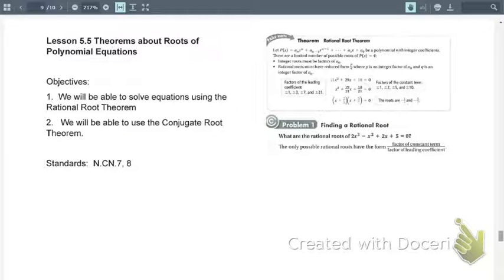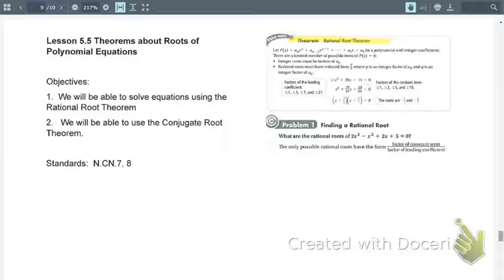Alright, lesson 5.5, we're going to be talking about the rational root theorem and using it to help us solve equations. What does the rational root theorem say? Well, it essentially tells us that there is a limited number of possible roots for a given polynomial. So there's only certain roots that the polynomial can have.